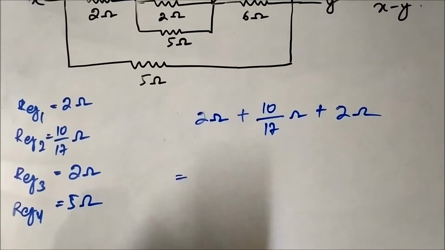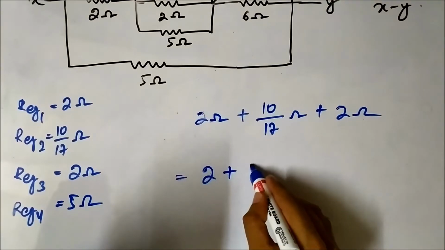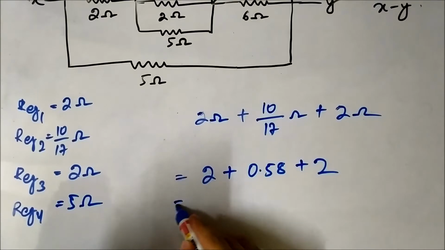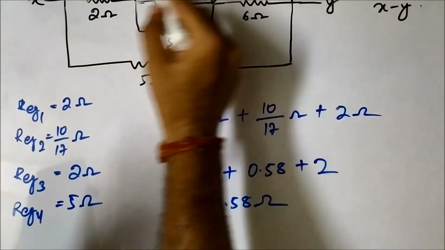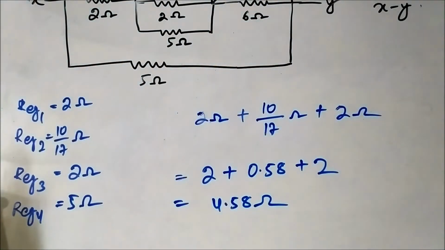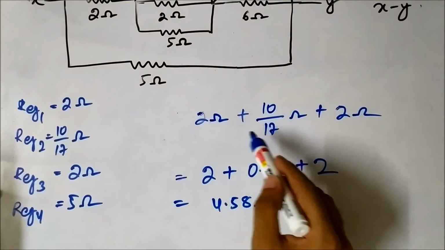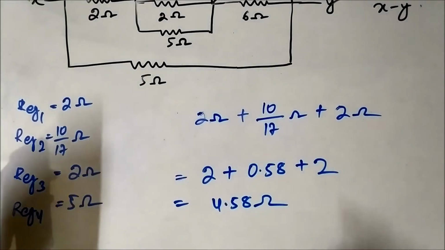Okay, 10 divided by 17 is equal to 0.58, so 2 plus 0.58 plus 2 is equal to 4.58 ohms, the total equivalent resistance of these three resistors. You can use the normal fraction approach and multiply and then calculate, but here to save time I use the calculator.